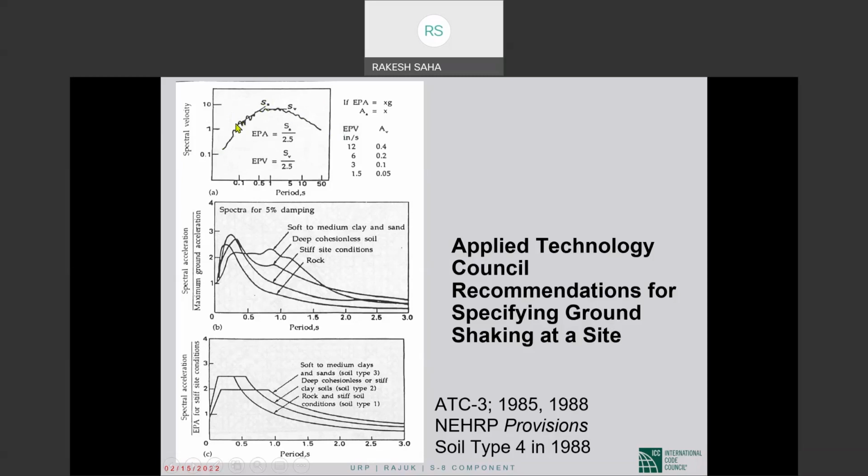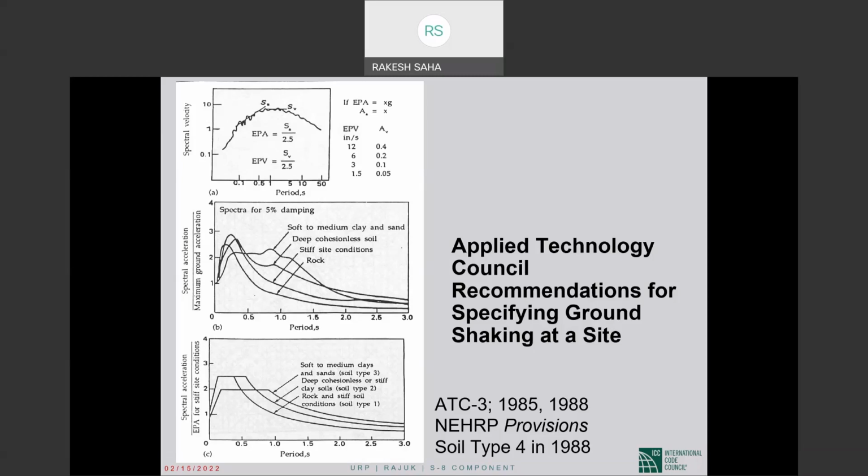The spectral acceleration divided by 2.5 will give us, remember, peak ground acceleration. Okay, so that is called effective peak acceleration. S sub A, the spectral acceleration, divided by the 2.5 from Newmark's work, gives us a spectral quantity that is close to the peak ground acceleration.